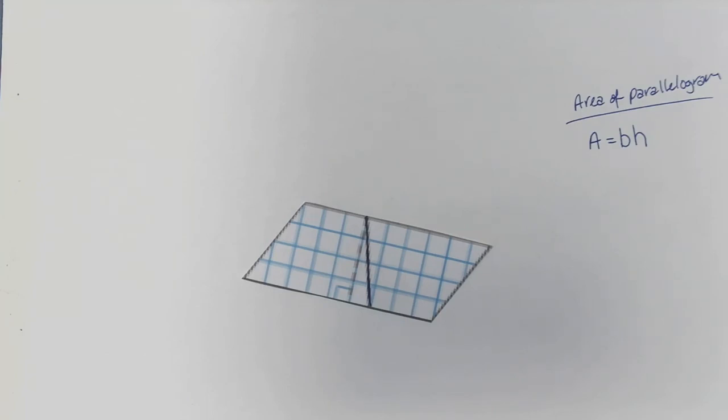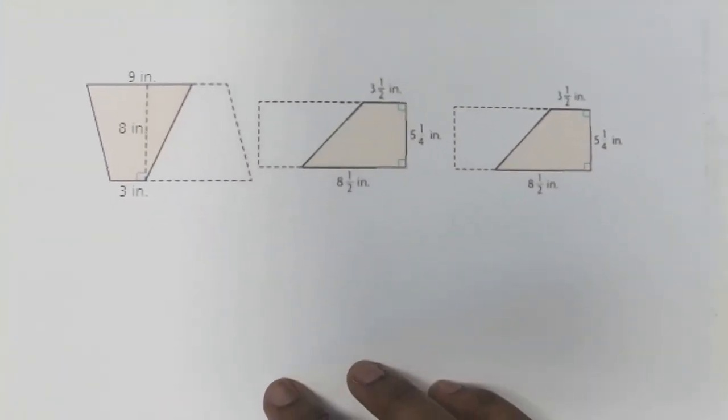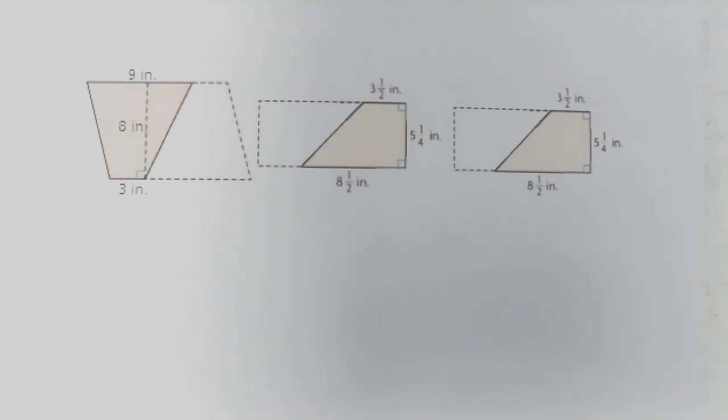Here are a few examples. Let's try to find the area of the given trapezoids using the fact that the trapezoid is half of the parallelogram. You can use a calculator if needed.